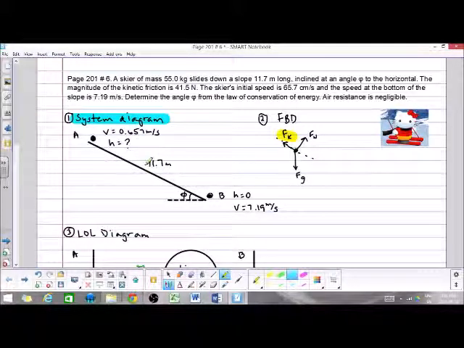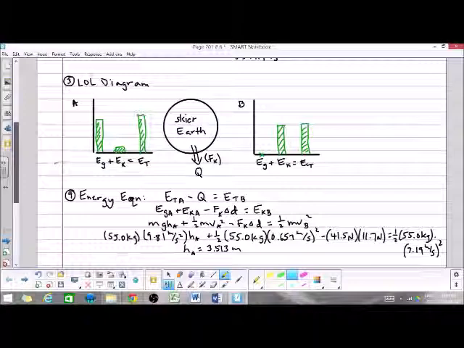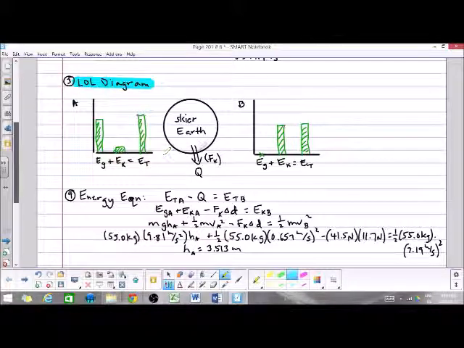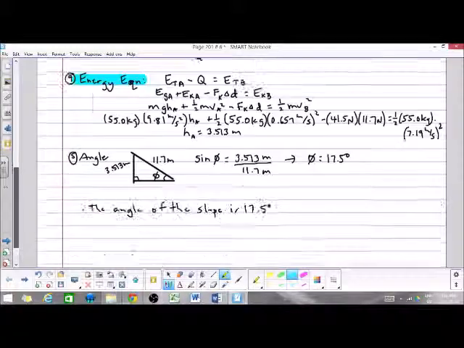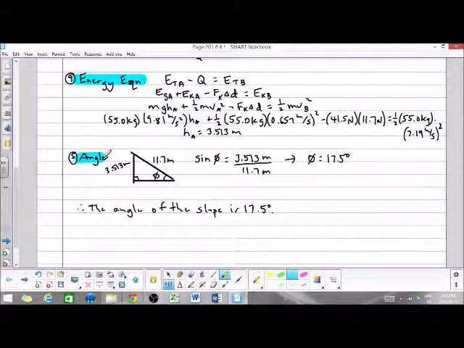In this case, because there was an external force acting on our system, friction, we drew a free body diagram, then moved into the energy bar diagram that showed a thermal energy loss because of friction. That allowed us to set up the energy equation, solve for the height of the slope, and then use a trig ratio to find the angle. So that's how it works. Good luck with your own.